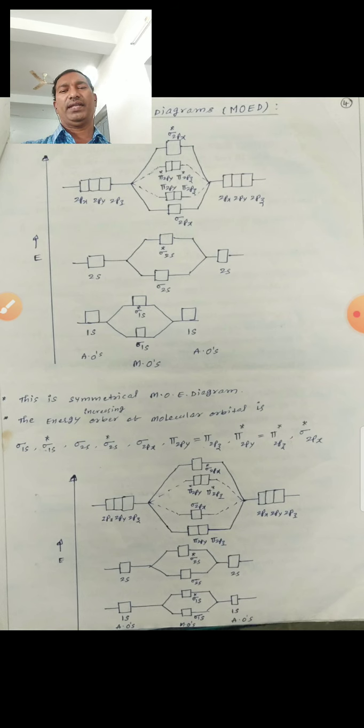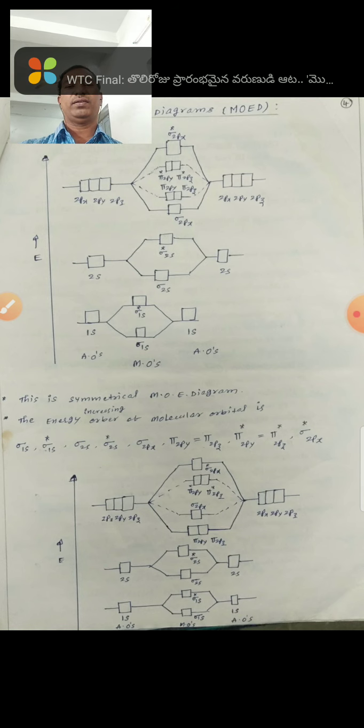The bonding molecular orbital has less energy and the antibonding has more energy.